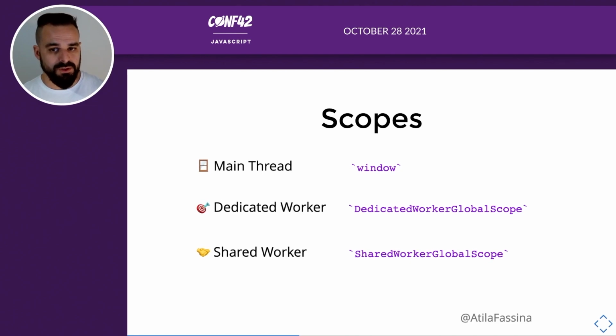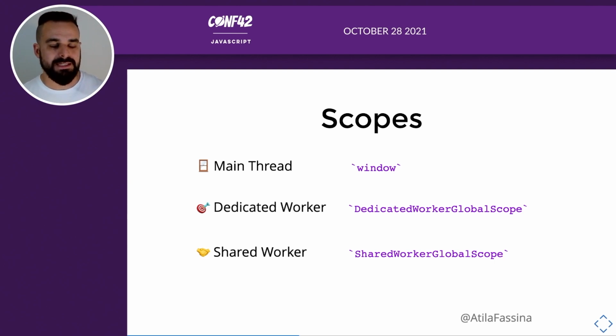Once we start working with worker threads, it's important to remember that the global scope is different. It's a different object. Whereas in the main thread, we have the global object being the window object, which we're very familiar with, web workers have their own specific scope: DedicatedWorkerGlobalScope for a dedicated worker, and SharedWorkerGlobalScope for a shared worker.